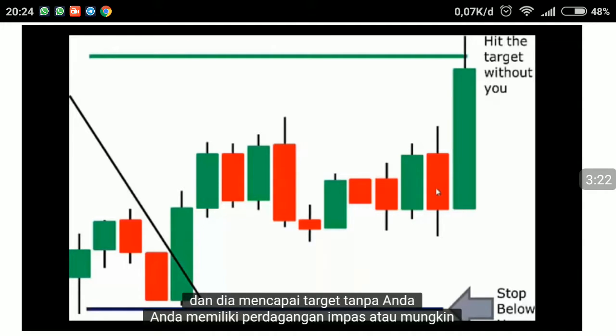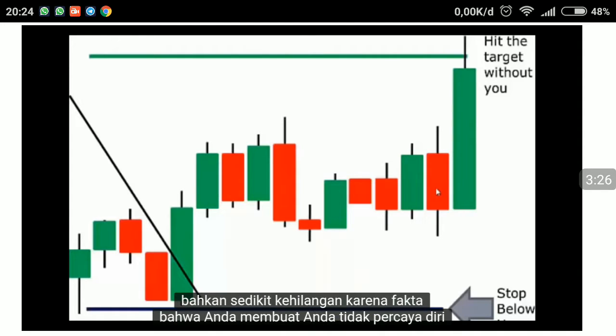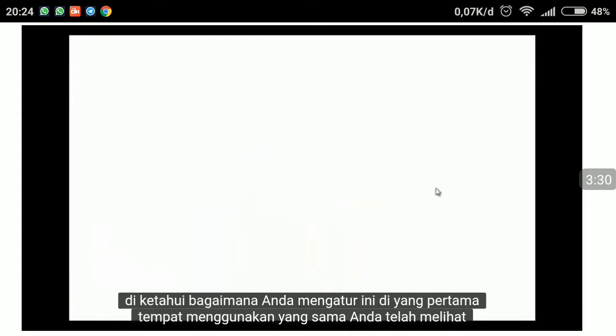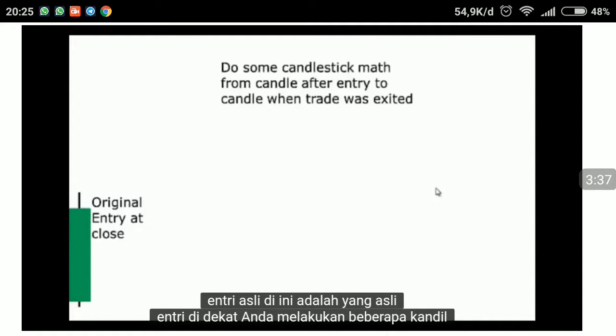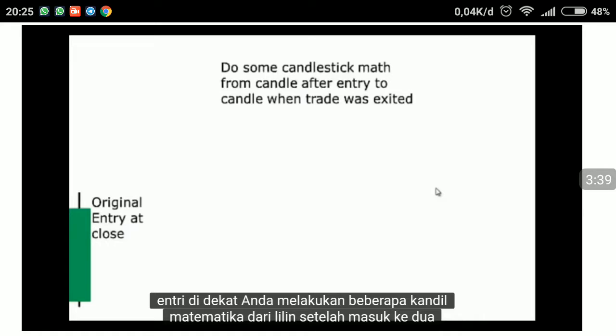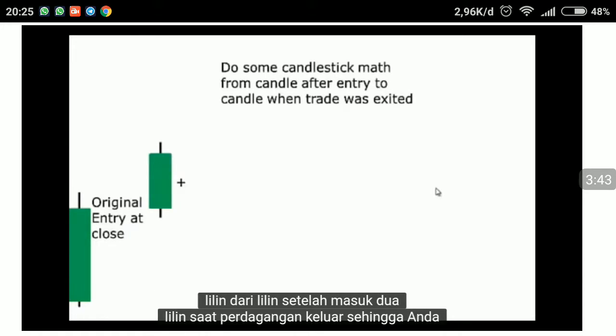So you got a break-even trade, or maybe even a slight loss, because you weren't confident in how you set this up in the first place. Using the same method, you have to see the original entry. This is the original entry at close. You do some candlestick math from the candle after entry to the candle when the trade was exited.